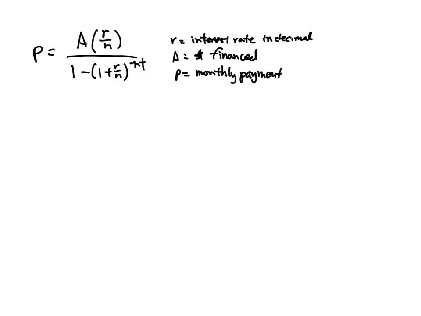And N is the number of times per year, but usually we just call it 12 because we do monthly payments. And T is the number of years.